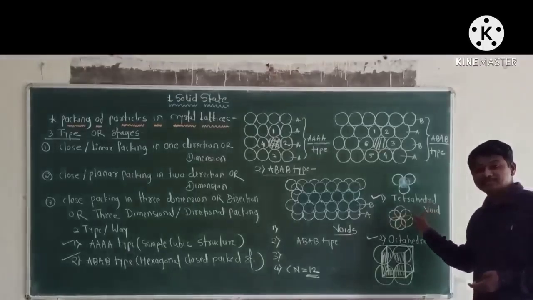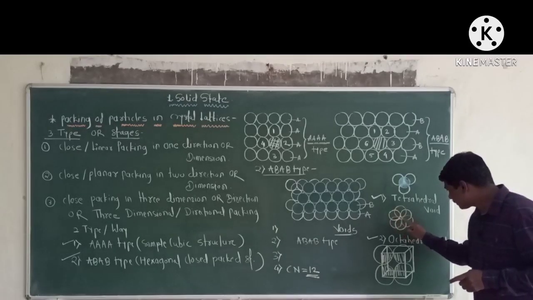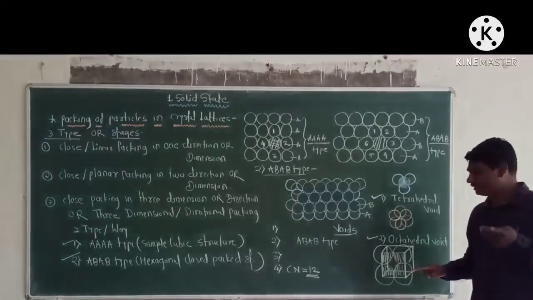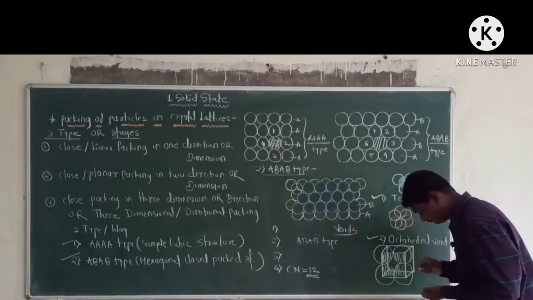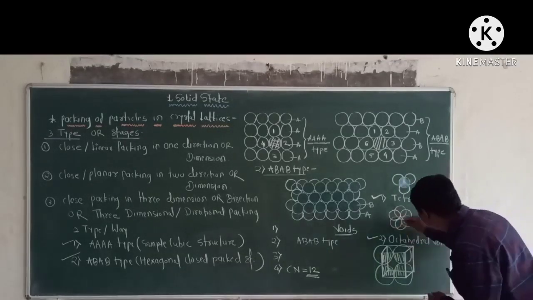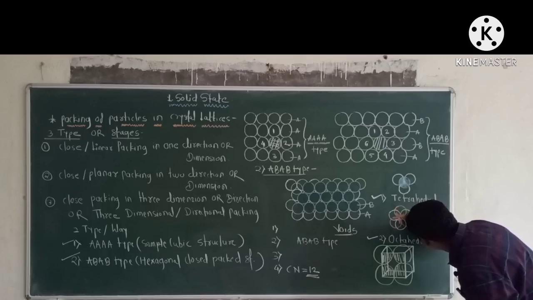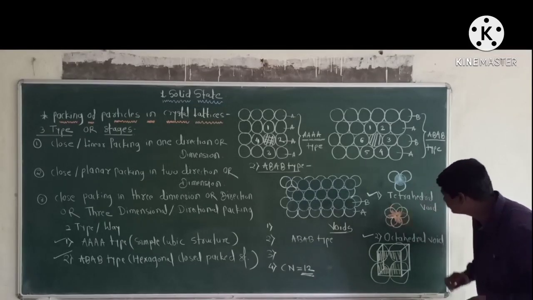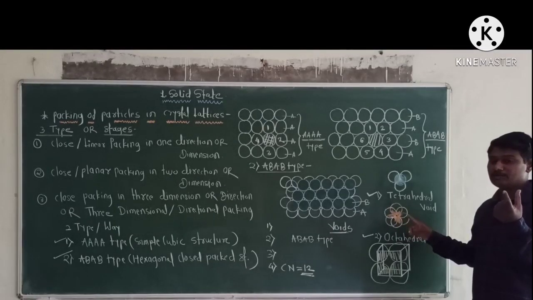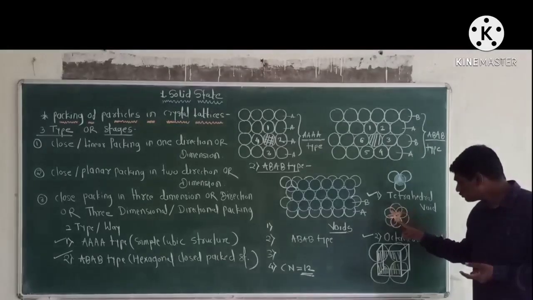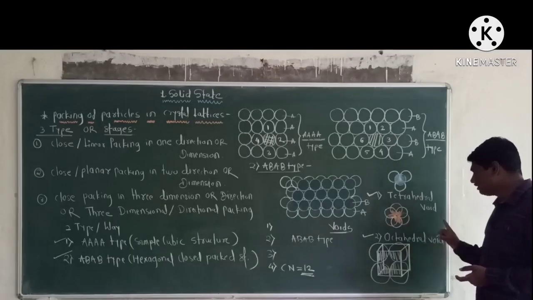This triangular empty space is partially covered by this orange constituent particle of another layer. Let's see here, here, and here. This orange constituent particle partially covered the triangular empty space between three neighboring constituent particles of the lower layer. Such a type of void is called an octahedral void.